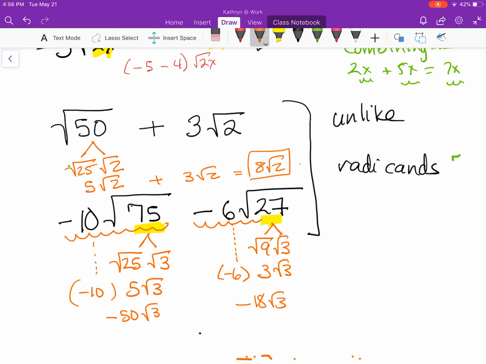So I've taken negative 6 times radical 27, and I've rewritten it as negative 18 radical 3. And now we can put them together. So I've got negative 50 radical 3 minus 18 radical 3, or negative 68, right? Negative 50 minus 18 is negative 68 radical 3.